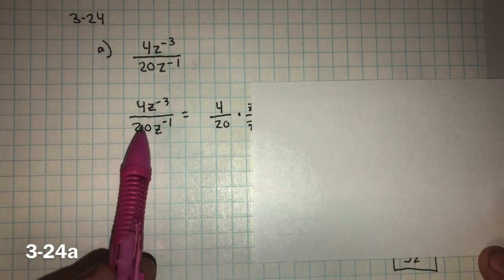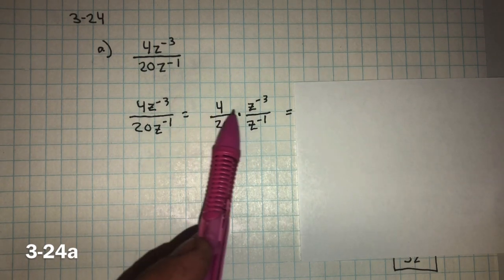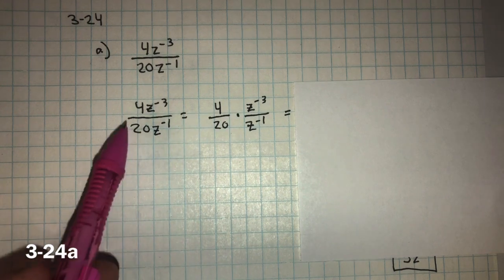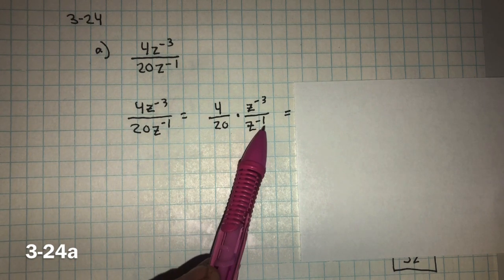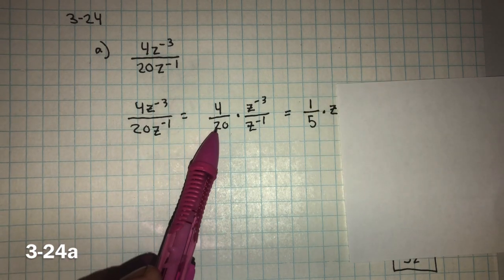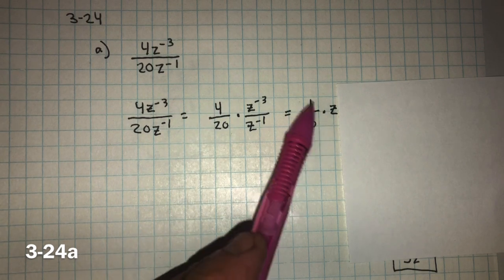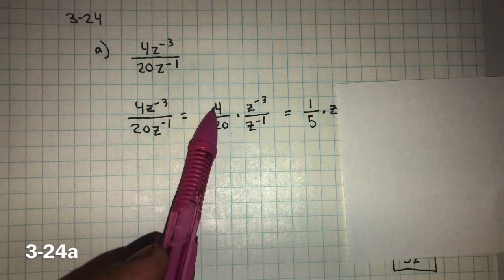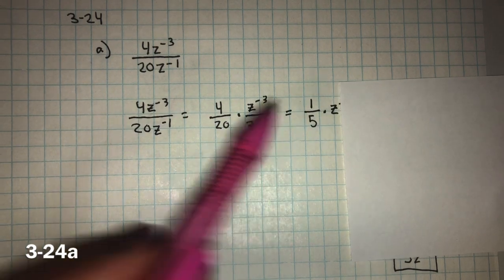So we have 4 multiplied by z to the -3rd, and 20 multiplied by z to the -1st. Well, now we can simplify 4 divided by 20, which simplifies to 1/5, because 4 divided by 4 is 1, 20 divided by 4 is 5.